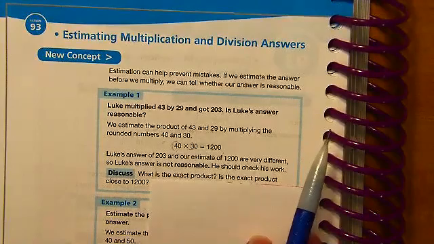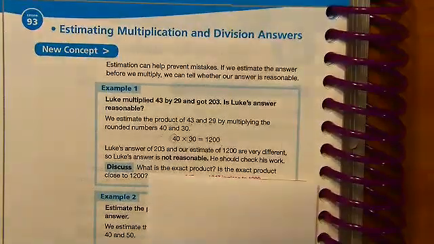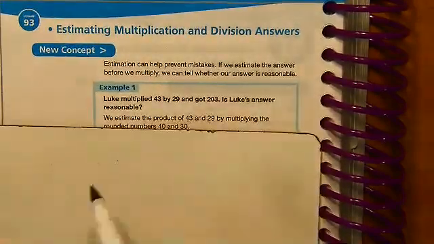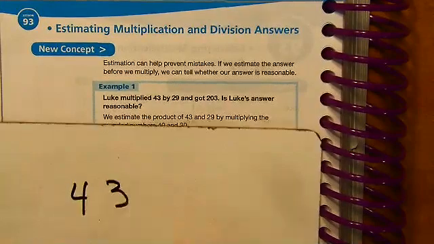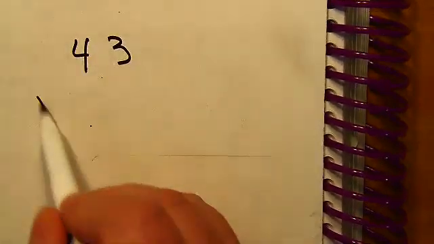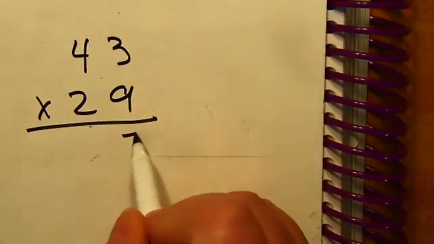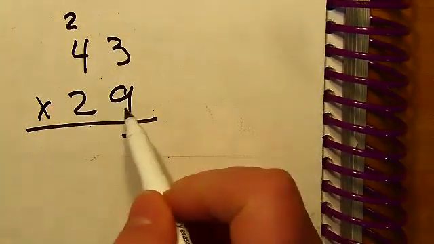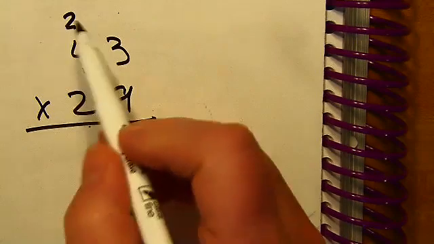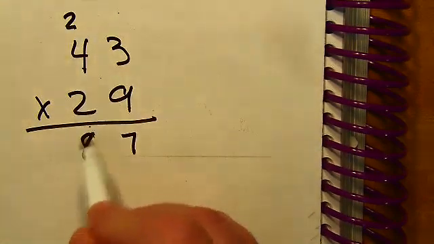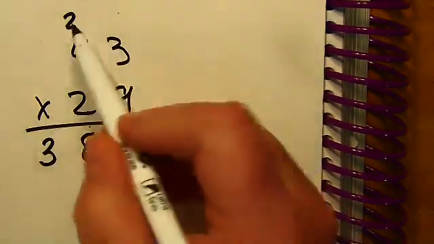And so we could figure out what the exact amount is, and then we would have to multiply 29 times 43. So we could do that. 43, let me move up here so you can see it, times 29. 9 times 3 is 27. 9 times 4 is 36, plus 2 is 38. Notice my place value. I'm going to cross this out.